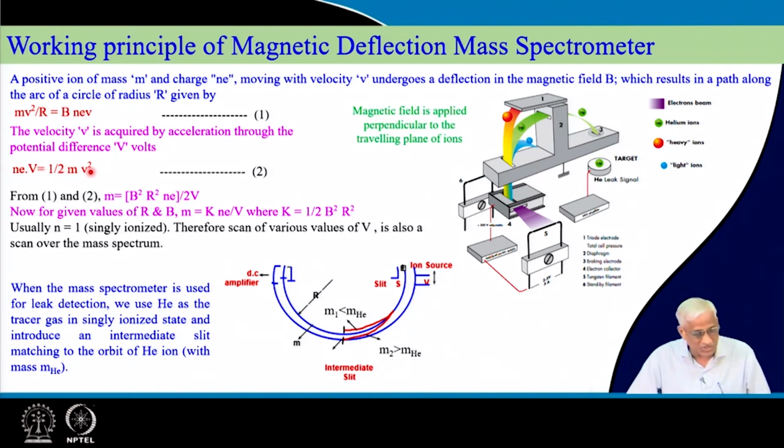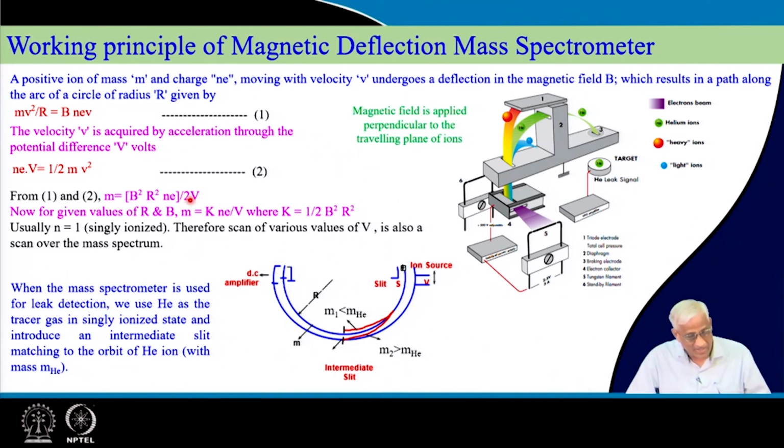From this energy balance you can know the velocities and substitute here, then you will get another equation where B square is the magnetic field square, r is the radius of that orbit for a particular charge carrier, whether it is helium ion or this one, V is the applied voltage and m is the mass of that charge carrier. So, this equation you can easily derive from these two equations.